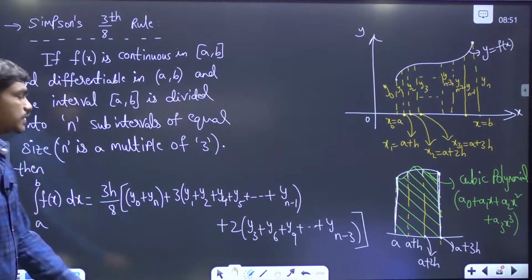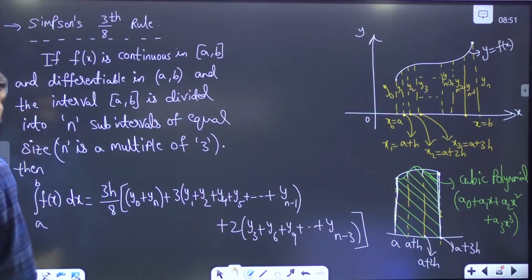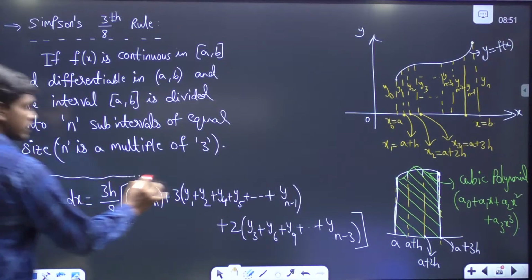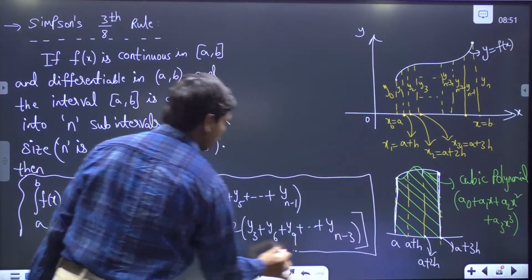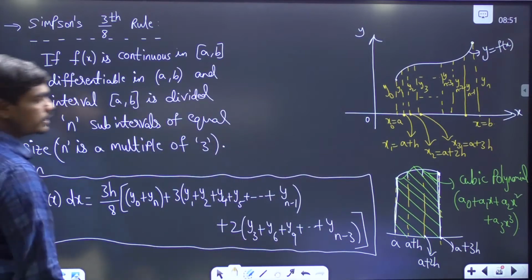This is the Simpson's 3/8 rule formula that we obtain by assuming a cubic polynomial fitting, and the accuracy increases.